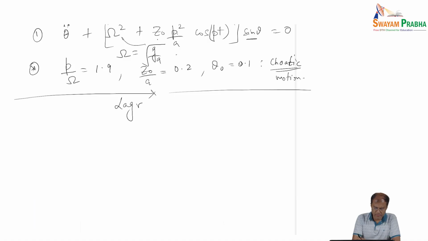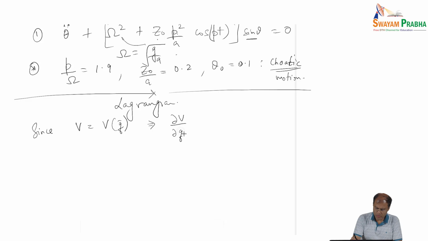Welcome back everyone, and we continue our discussion on Lagrange equation of motion, starting with our concept of Lagrangian. Since V is V of q, and partial V partial q_j dot is 0, we see that V is the potential.